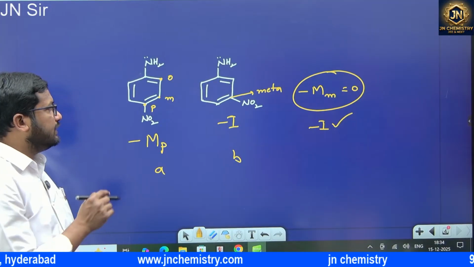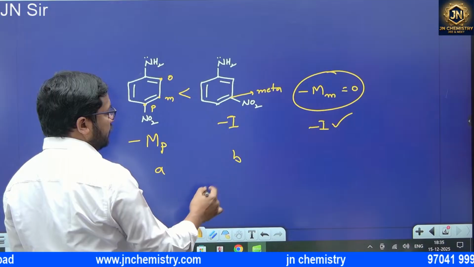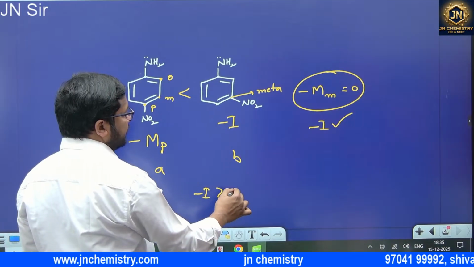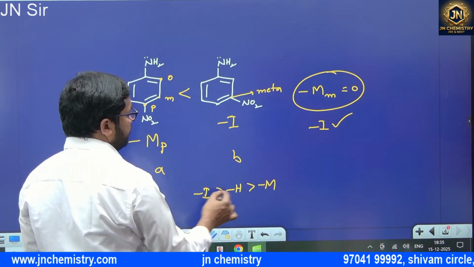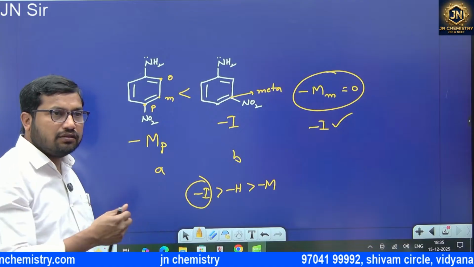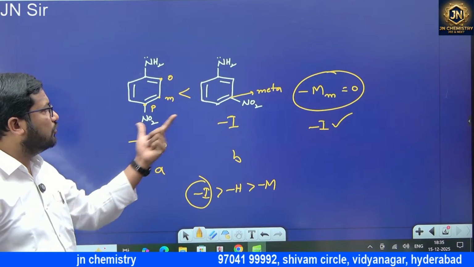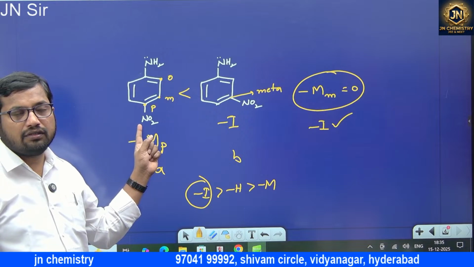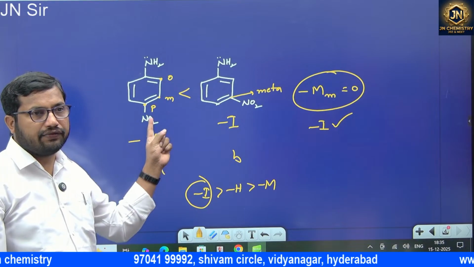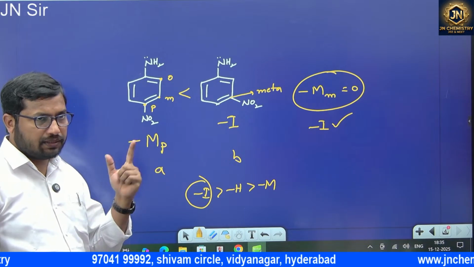Minus I. Because I told you minus I, then minus H, then minus M. Because minus I is a less withdrawing group, that is more basic. Clear, everyone? Is it understood?